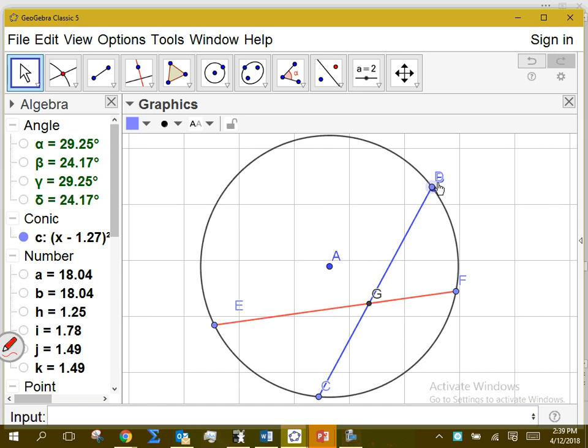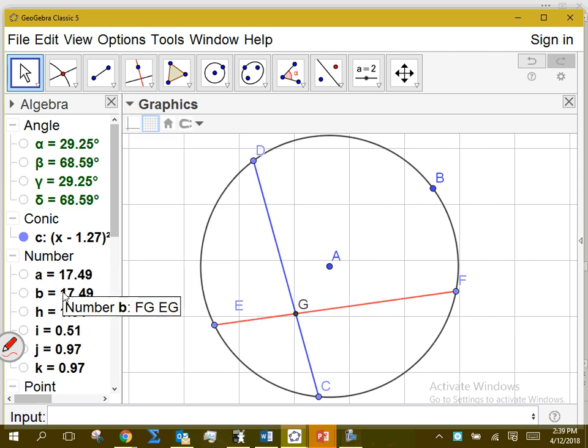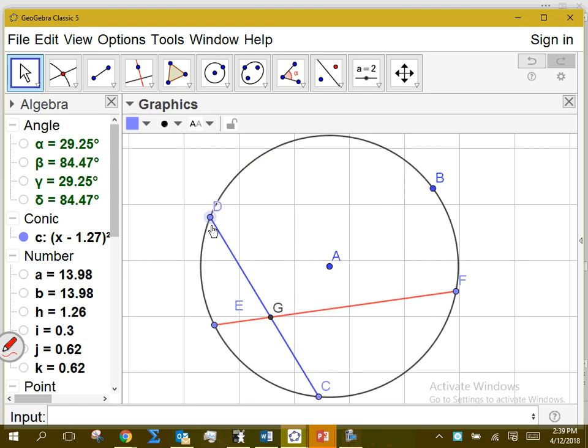Yeah. But when I look at the products of those two things, are they still the same? Yeah, they're still 18.04. And as I move that point around, looking at just these two numbers, are they always equivalent to one another?